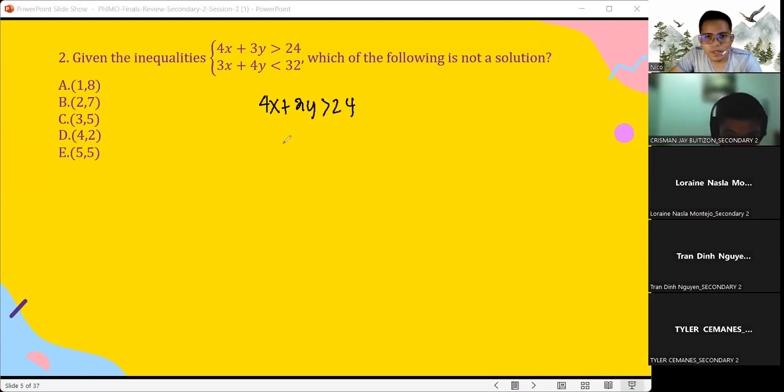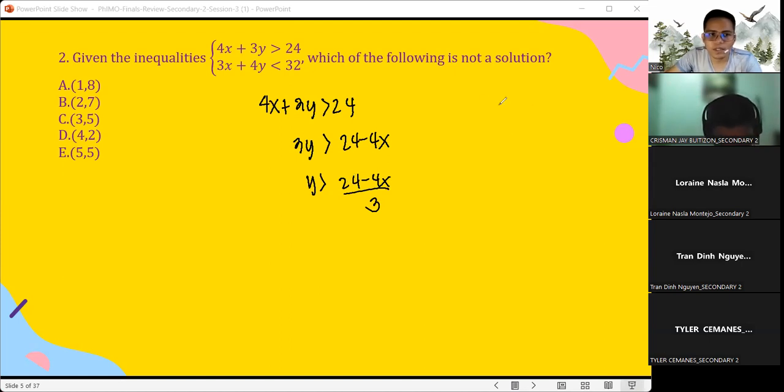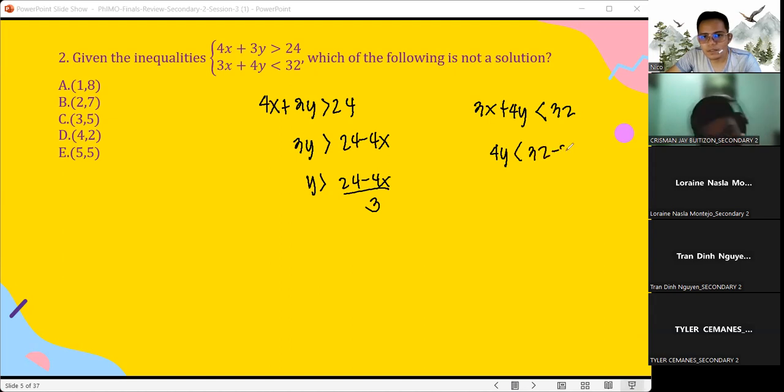So we can have 3y lesser than 24 minus 4x, or y is lesser than (24 minus 4x) over 3. While the other one is 3x plus 4y is lesser than 32, so 4y is 32 minus 3x, so y is (32 minus 3x) over 4.